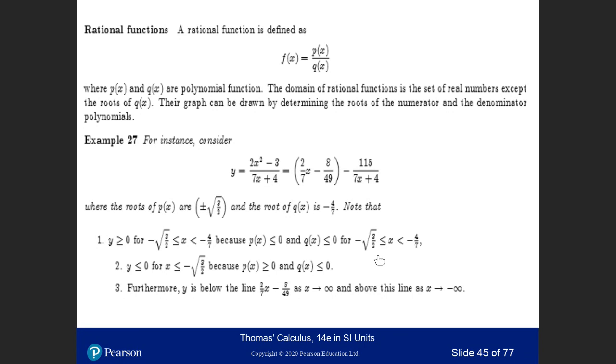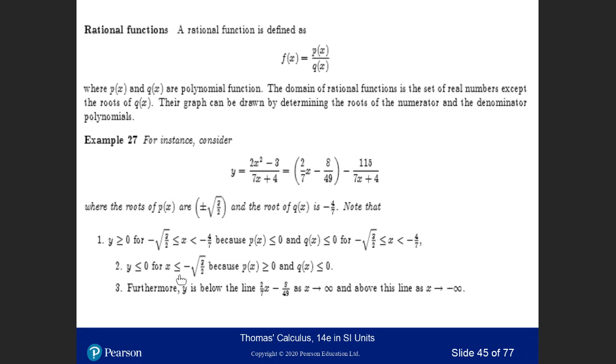And for minus the square root of 3 over 2 and minus 4 over 7. So when you try to draw the graph of this function, you consider this.